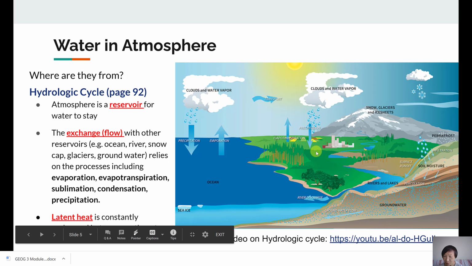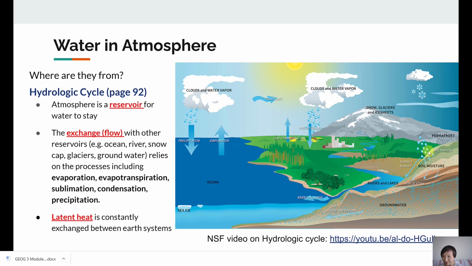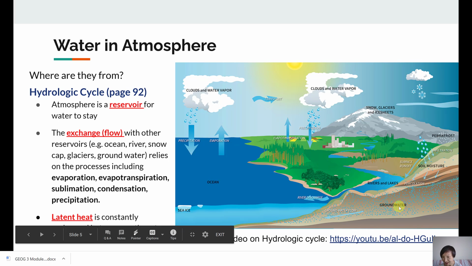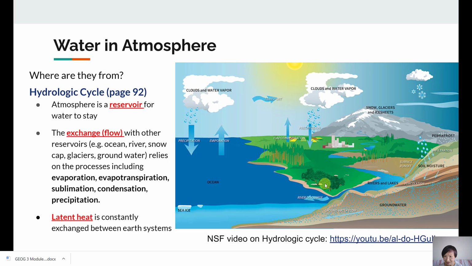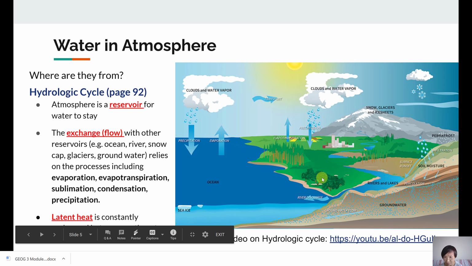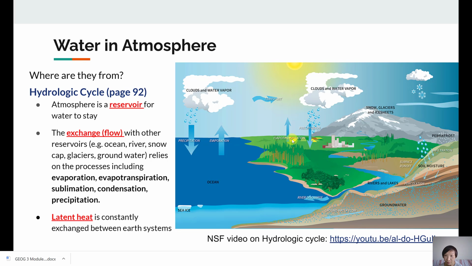And that surface water can actually be soaked into your soil. We call that infiltration or percolation to groundwater. That is water underground, okay? And the water in the soil can be absorbed by our plants, and through the plant leaves you also have evapotranspiration, sending the water back to the atmosphere, right?